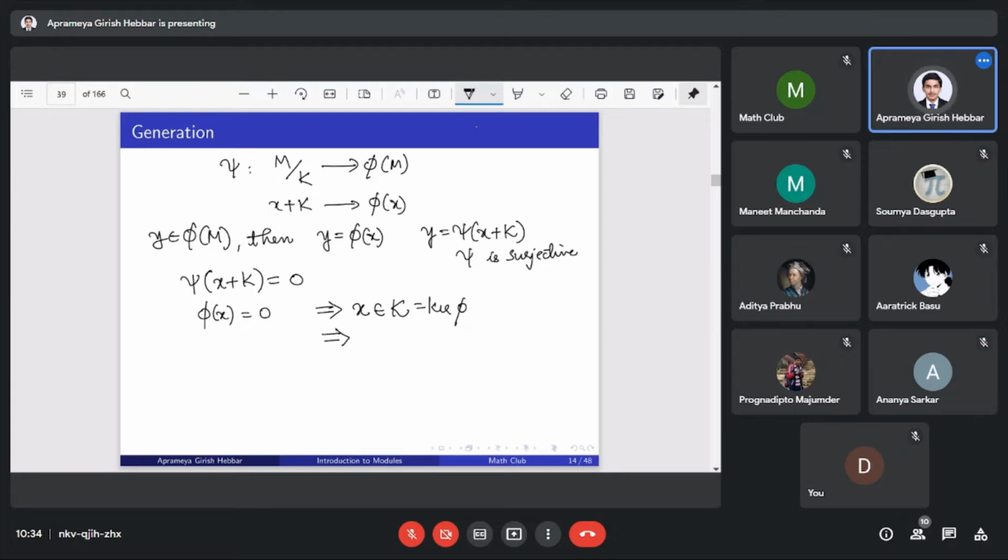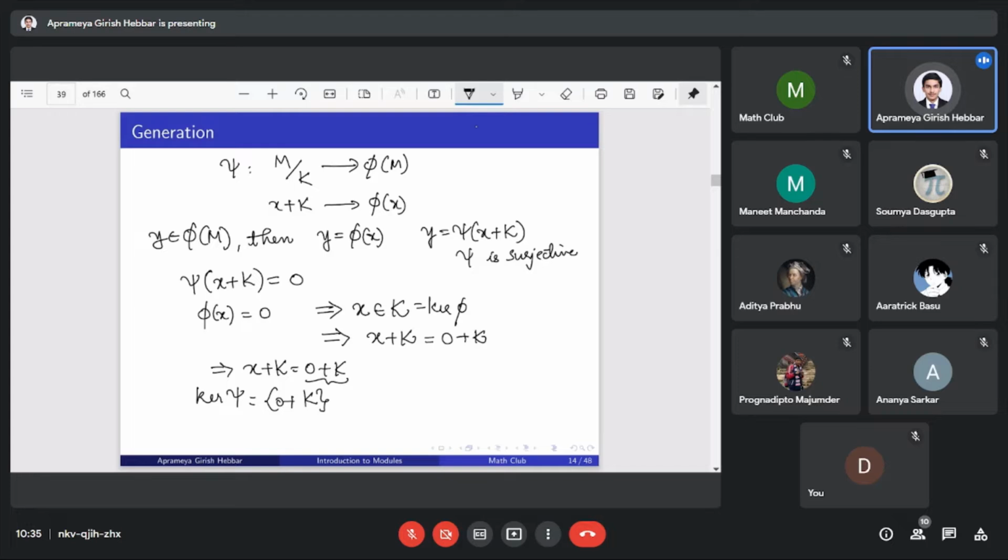So x plus K, since x already belongs to K, is nothing but 0 plus K, because x minus 0 just belongs to K. So this implies that x plus K is nothing but the 0 element. The 0 element in the quotient module is 0 plus K. So the kernel of psi is just the trivial element, 0 plus K.